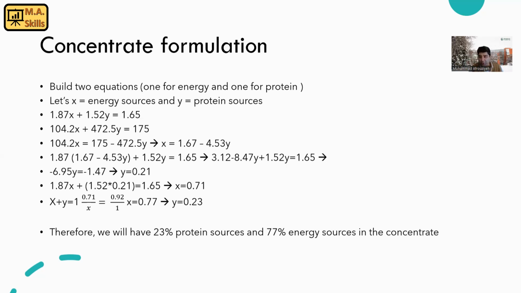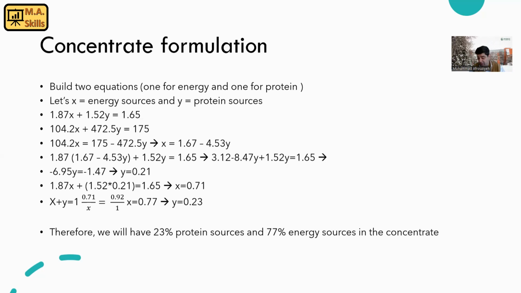So for protein, we are not going with percentage, just grams per kilogram.